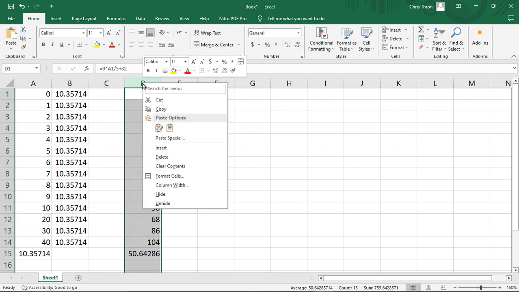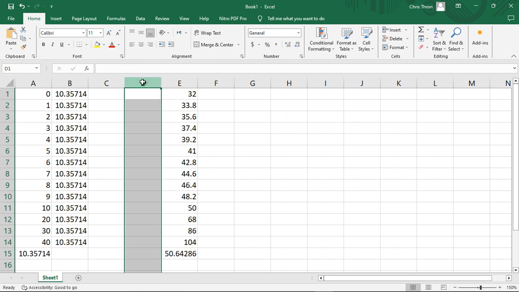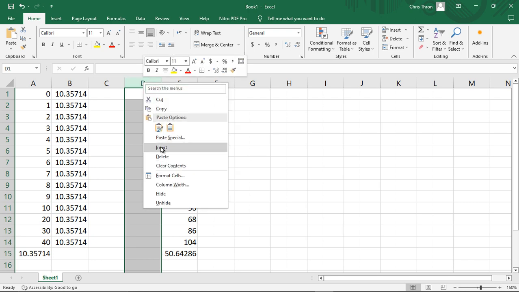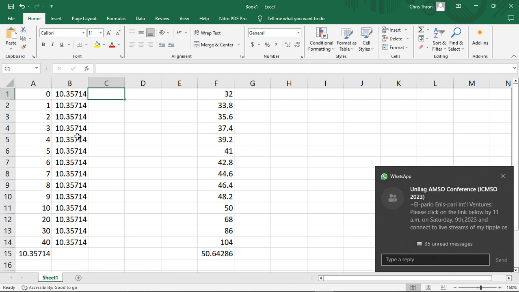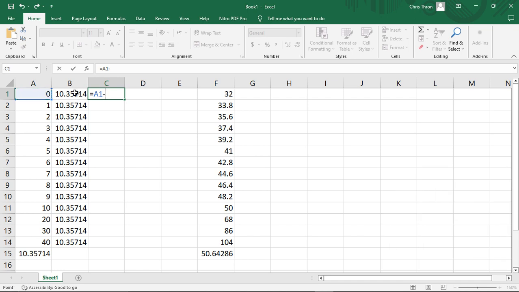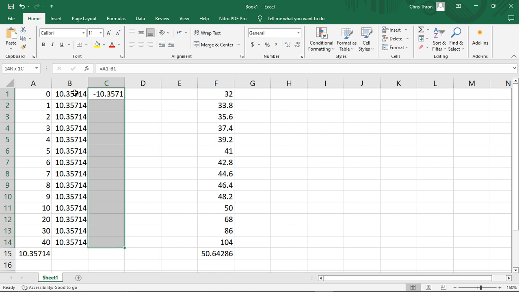Let me leave a little more space here. So I'll do it all together for this vector first, and then you'll see how it works on this vector here. Okay. So I have to subtract the mean. So I take this minus this, and I'll fill down, and I'll get all my values.